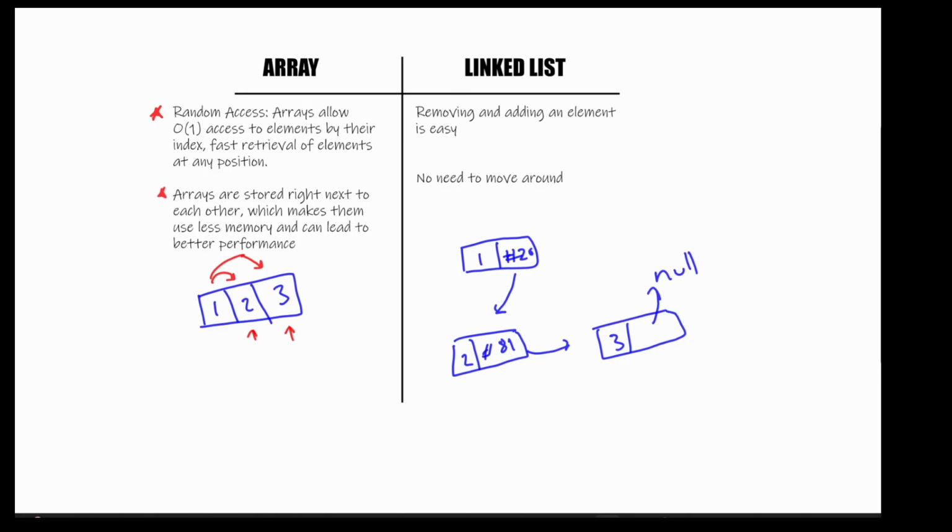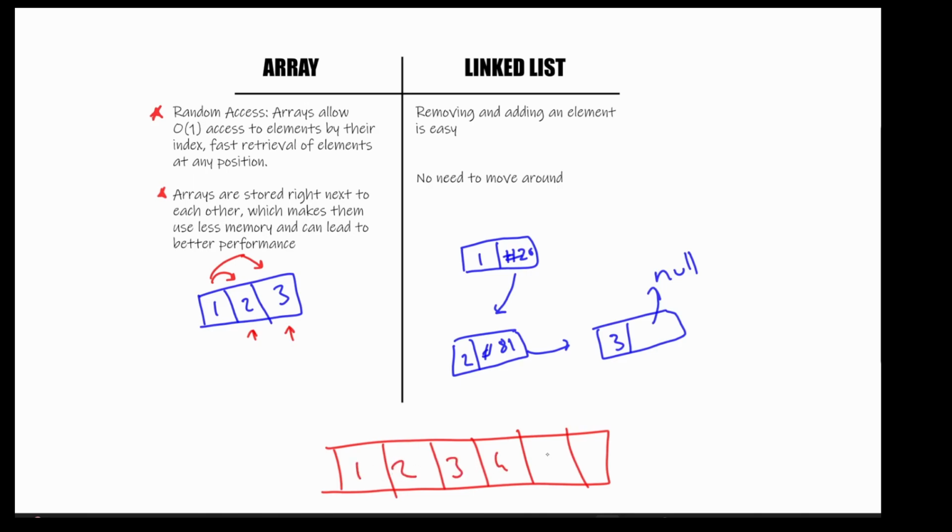Or if you want to remove, let's say you have a very long array of multiple elements, 1, 2, 3, 4, 5, and 6, and you're removing 3. 1 and 2 would still be the same, but 4 would move here, 5 would move there, 6 would move there. So you're basically moving everything one to the left, which is computationally expensive.